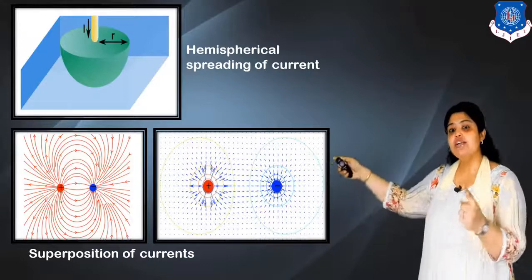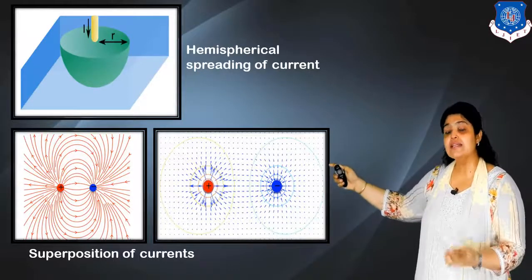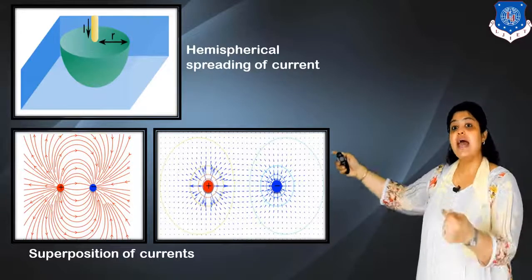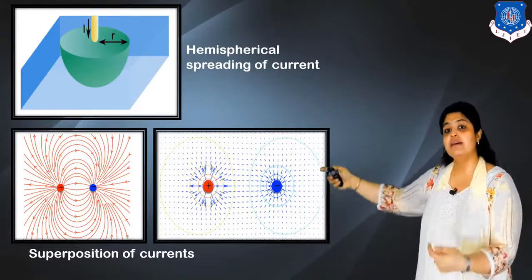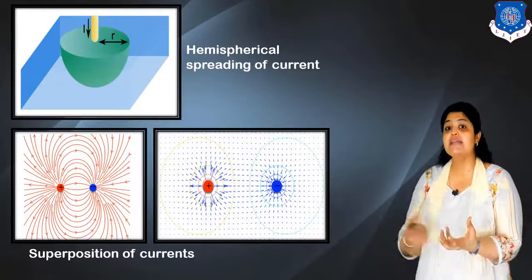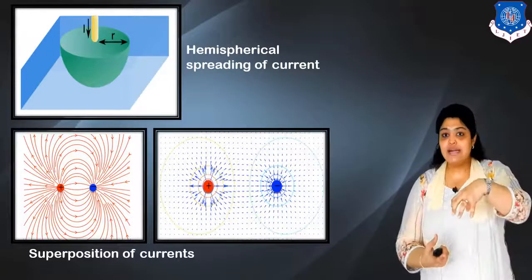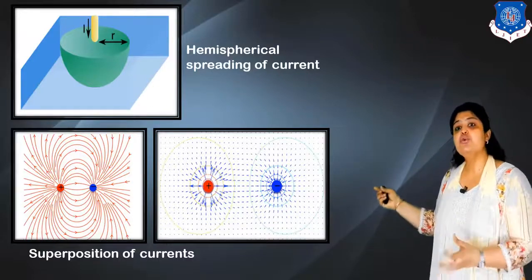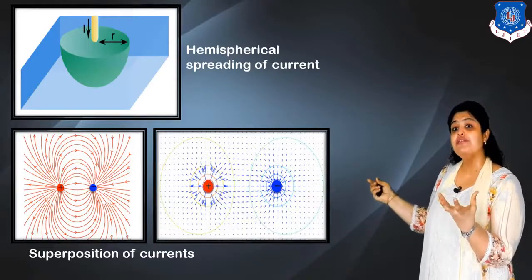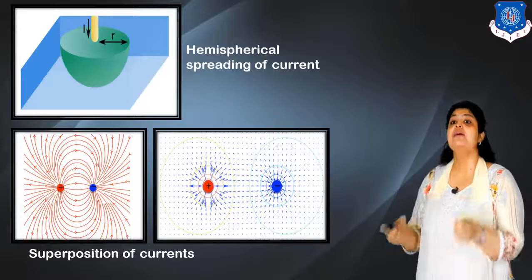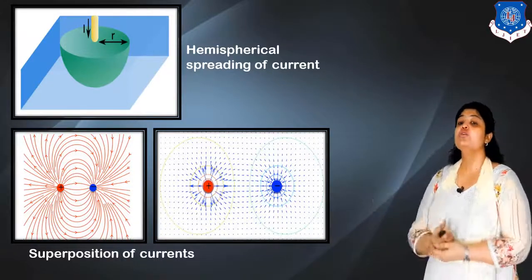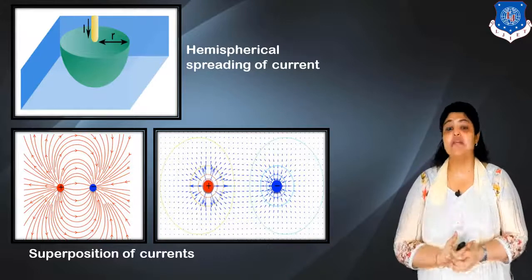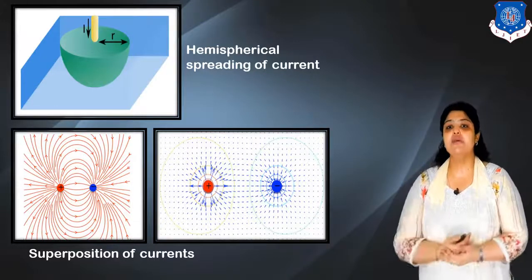The red colored dot in the first diagram indicates current being input, so we denote it by positive charge, and current as output denoted by the blue colored circle, which indicates negative charge. So input indicates positive and output indicates negative. The second diagram shows how these electric fields of the currents add up, and this is what we call superposition of currents. Now these three diagrams are very important to start with the derivation.